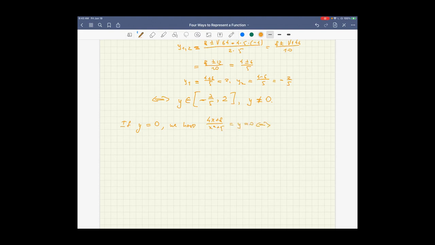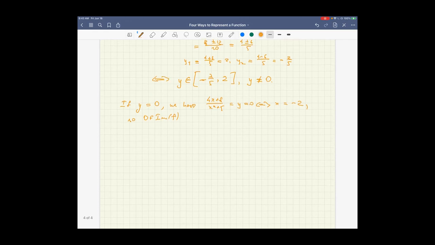And that means x is negative 2. So 0 is also in the image of f. And we find finally that the image of f is the entire segment from negative 2/5 to 2.